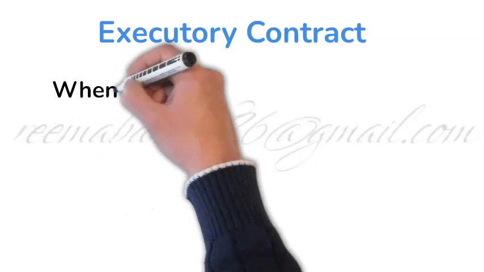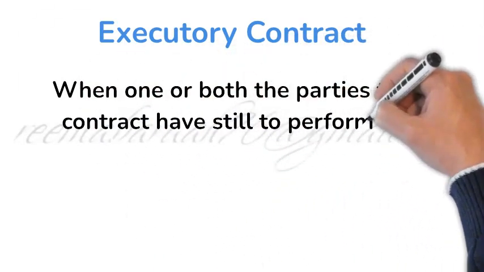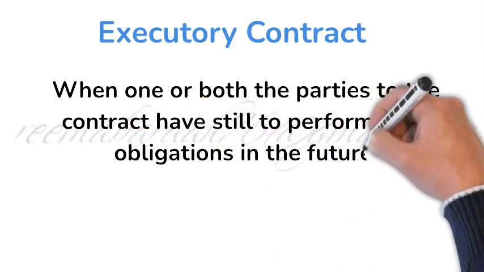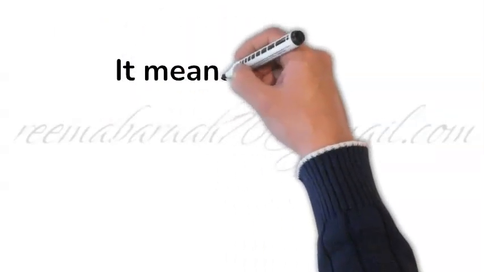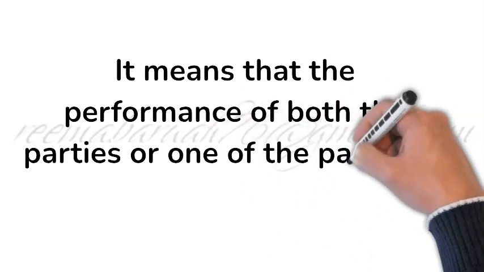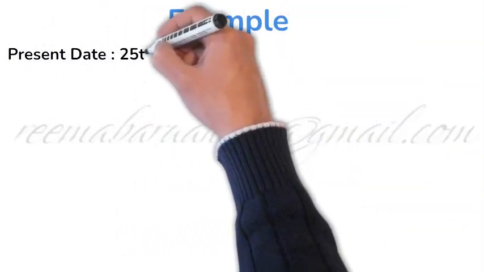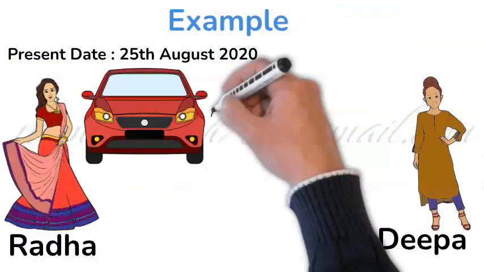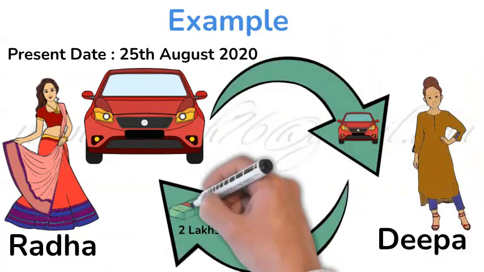Next point, executory contract. When one or both the parties to the contract have still to perform their obligations in the future, the contract is said to be executory. It means that the performance of both the parties or one of the parties is still outstanding. Example, on 25th August 2020, Radha agreed to sell her car to Deepa for rupees 2 lakhs.